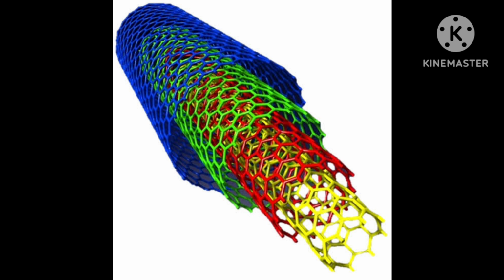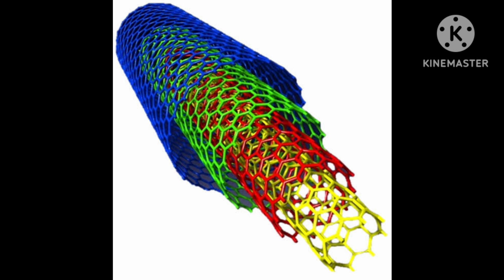There can be a multi-wall carbon nanotube also, wherein one carbon nanotube is within another. Nanotubes are regarded as a single dimensional tube.